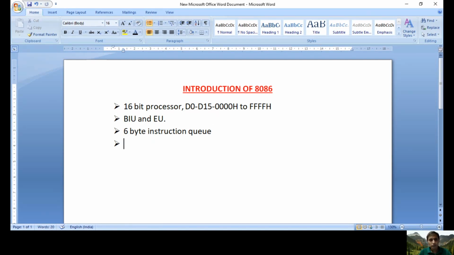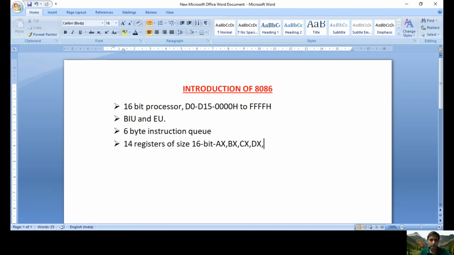8086 contains 14 registers of size 16. Total number of registers is 14, but the size of each register is 16-bit. So many registers are there, like the AX register, BX, CX, DX, and some segment registers like SS, CS, DS, ES, and index registers like SI and DI and many other registers.